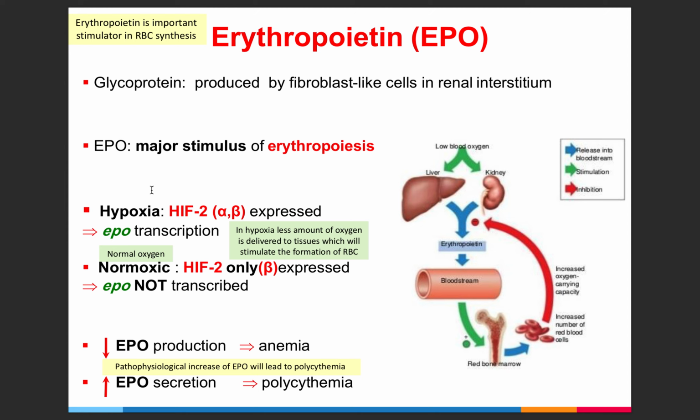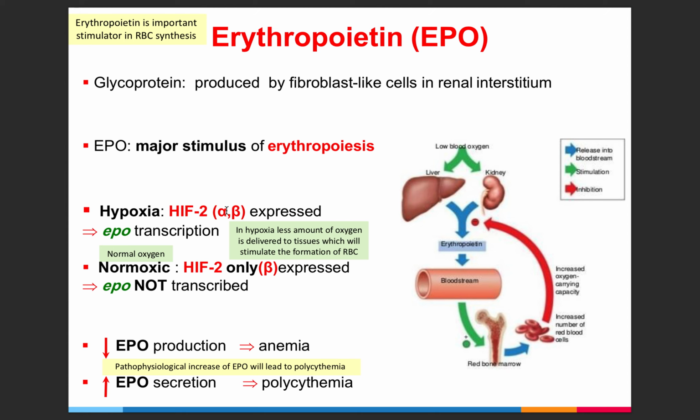If there is no oxygen, there is no hydroxypurine being synthesized, because to convert purine to hydroxypurine, you need oxygen. This hydroxypurine will activate many enzymes to degrade the alpha subunit of hypoxia-induced factor 2.